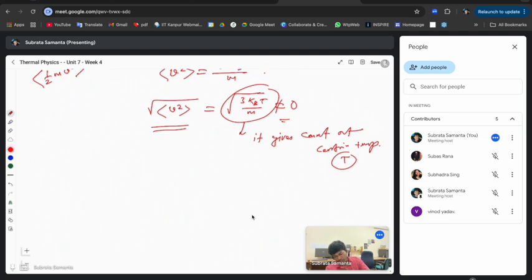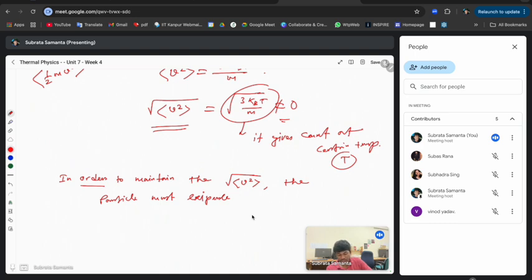So in order to maintain the average, the square root of v square average, the particle must experience impulses from the liquid molecules, whose directions and magnitudes are random.